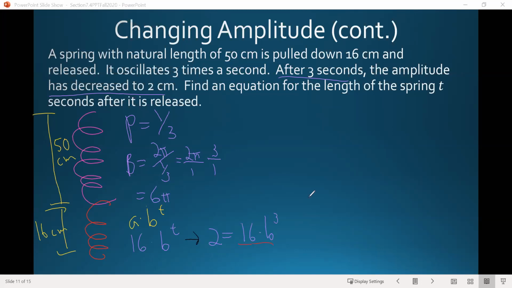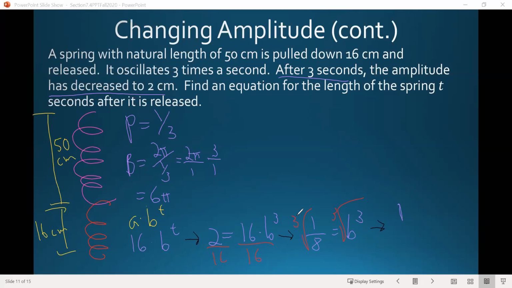We can solve for b here, so we can divide by 16 on both sides. When we do that, we'll end up with 2 over 16, or 1/8, equals b cubed. We can then solve for b by taking the cube root on both sides. You can plug that in your calculator, or you can think about it, because we have a cube root of a fraction here, we can do the cube root of the top over the cube root of the bottom.